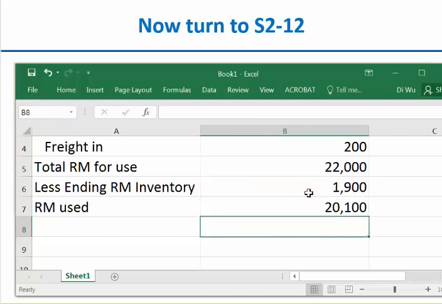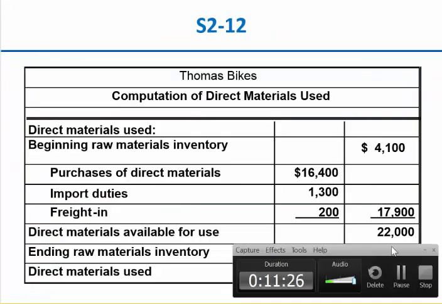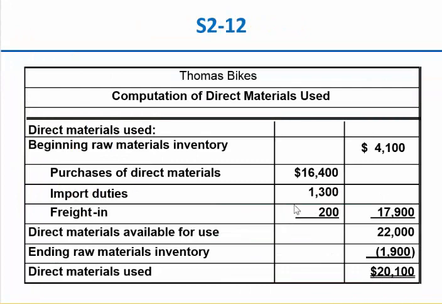The answer is that the cost of raw materials used is $20,100 US. So that's the example. You can take a look at this slide, which is the summary of the Excel worksheet work, and feel free to take a look at it.